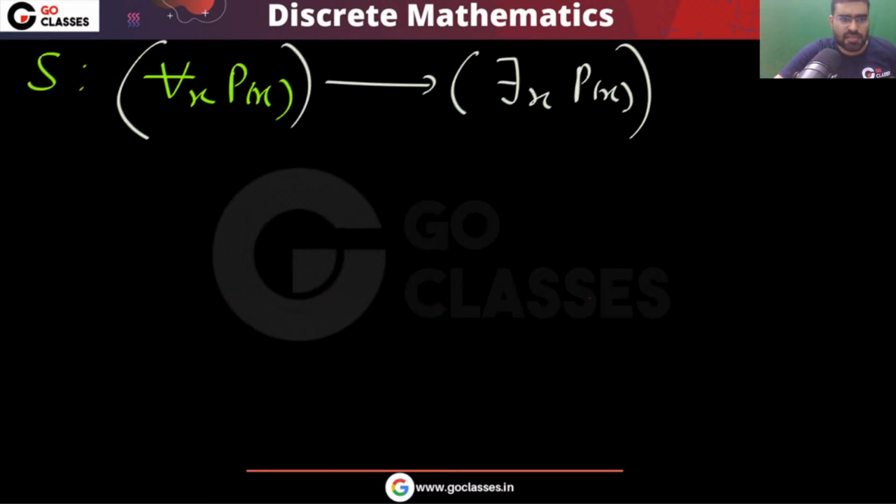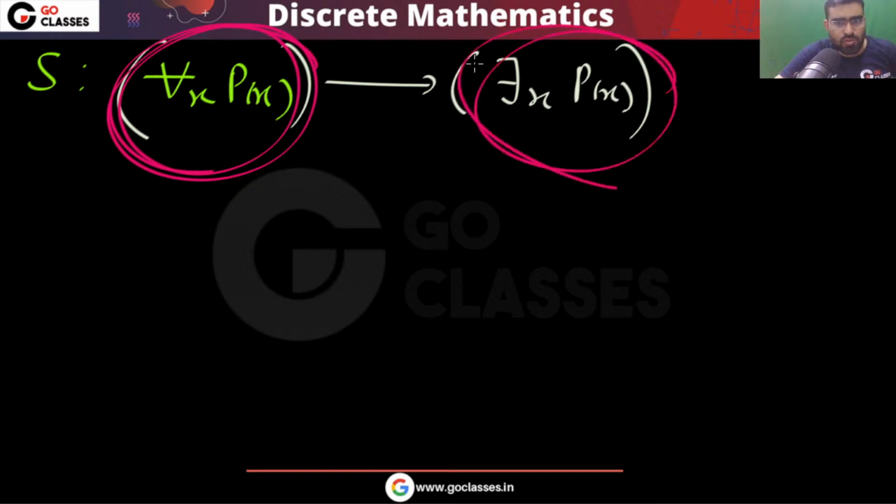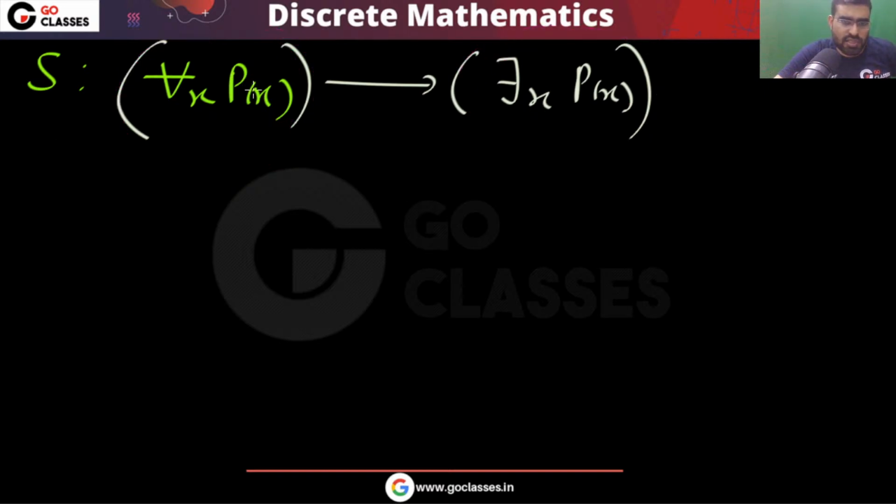Now let's see the next. You can see this expression is always true. But how can we prove it? Logically, if for everyone P is true, then for someone P is true, of course. This is an intuitive argument.